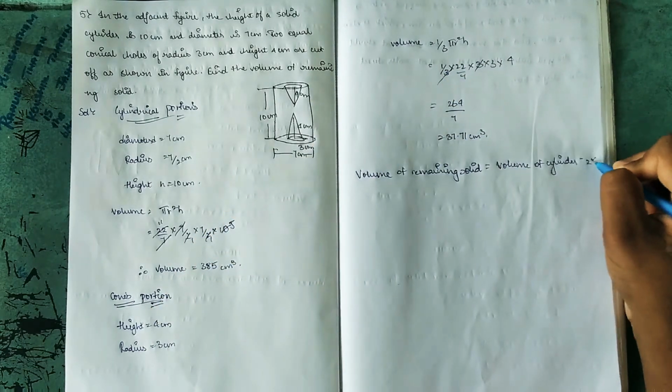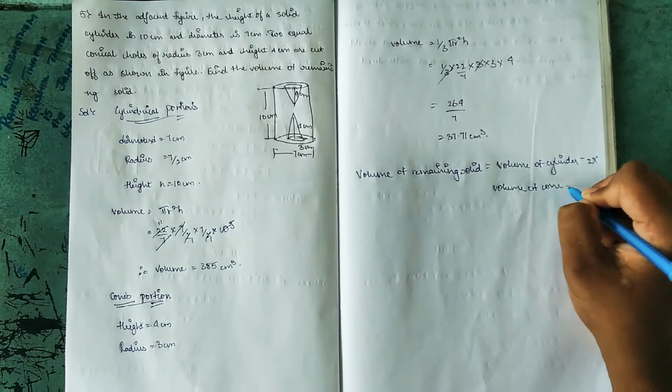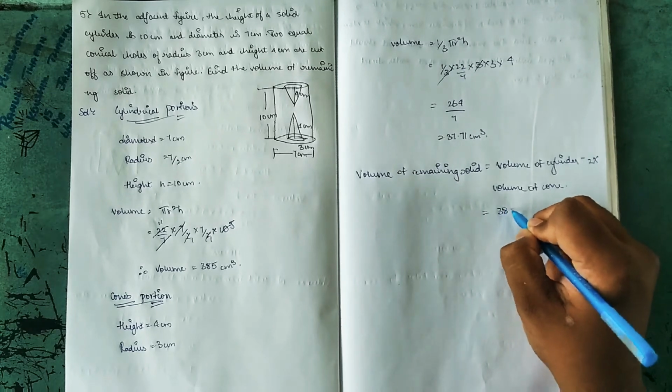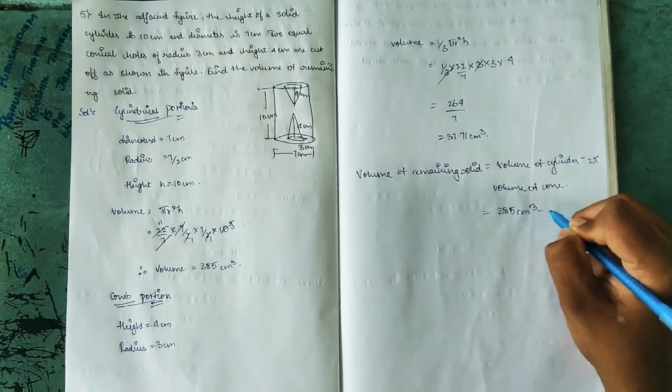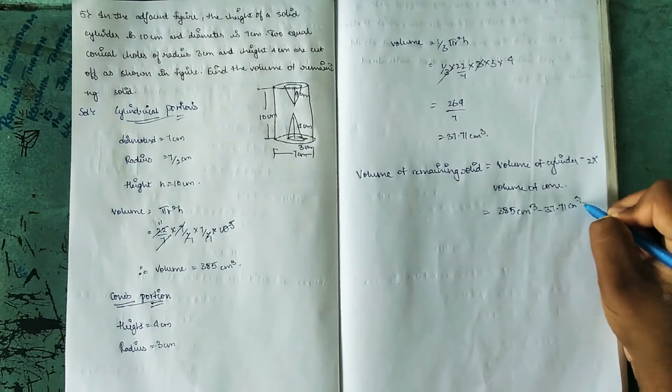So minus 2 into the volume of a cone, which is 385 centimeter cube minus 37.71 centimeter cube into 2.